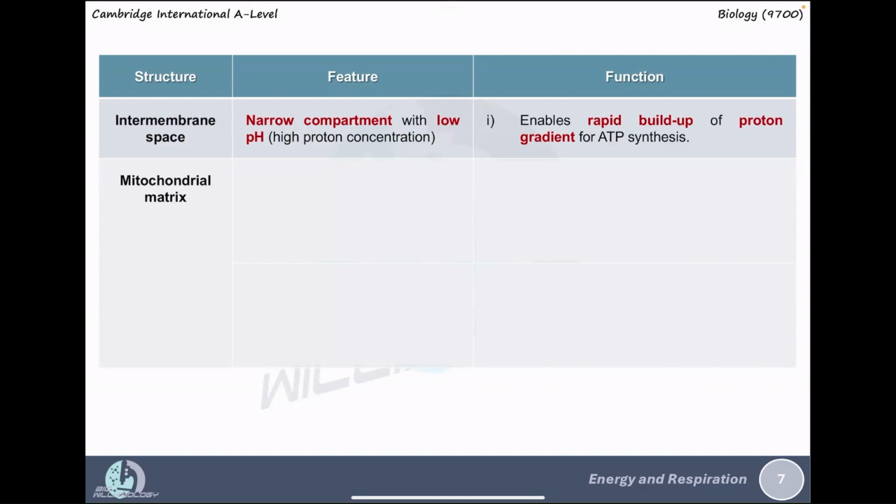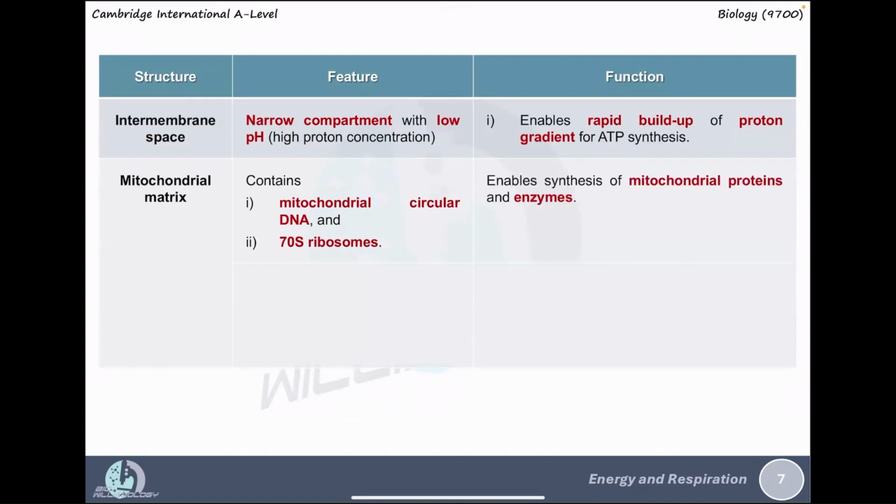The next structure, let us look at the mitochondrial matrix. As we know, the mitochondrial matrix contains mitochondrial circular DNA as well as 70S ribosomes. With these two components, these features enable the synthesis of the mitochondrial proteins and enzymes which are involved in aerobic respiration.